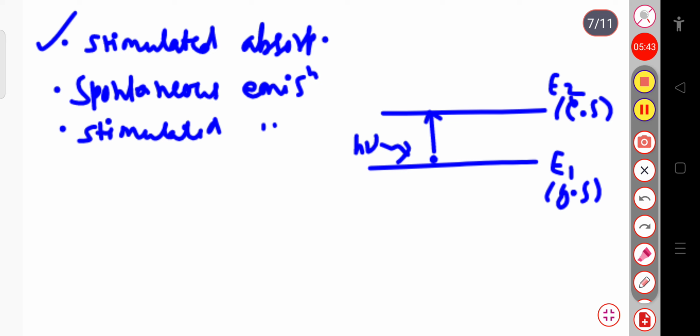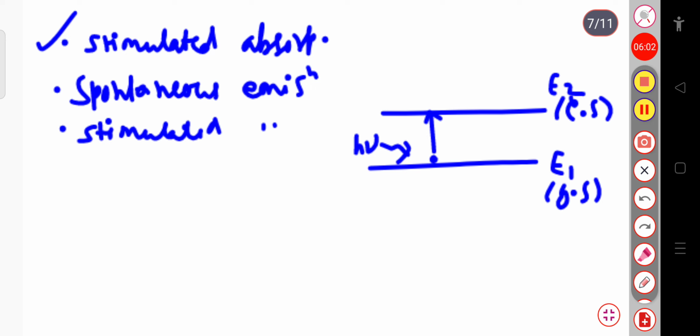So by giving this amount of energy by the photon, the stimulation occurs, so that this atom absorbs this amount of energy h nu and goes to the higher state E2. That process is known as stimulated absorption, and this is your upward transition.